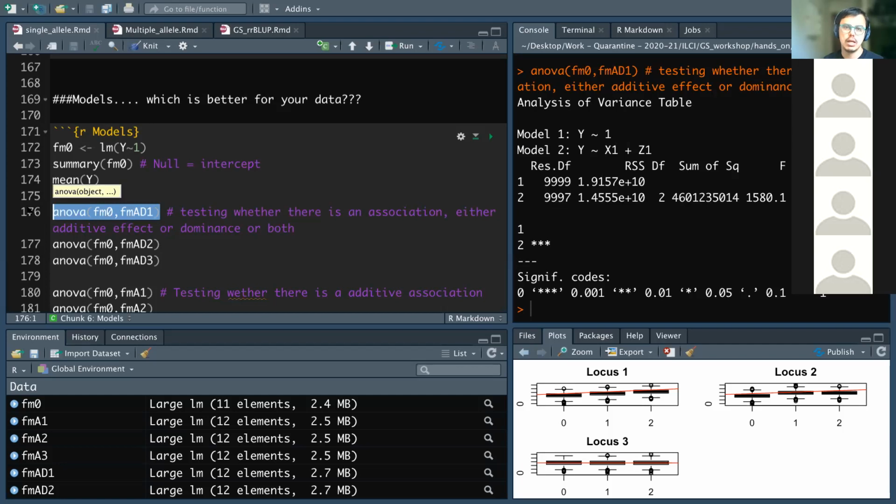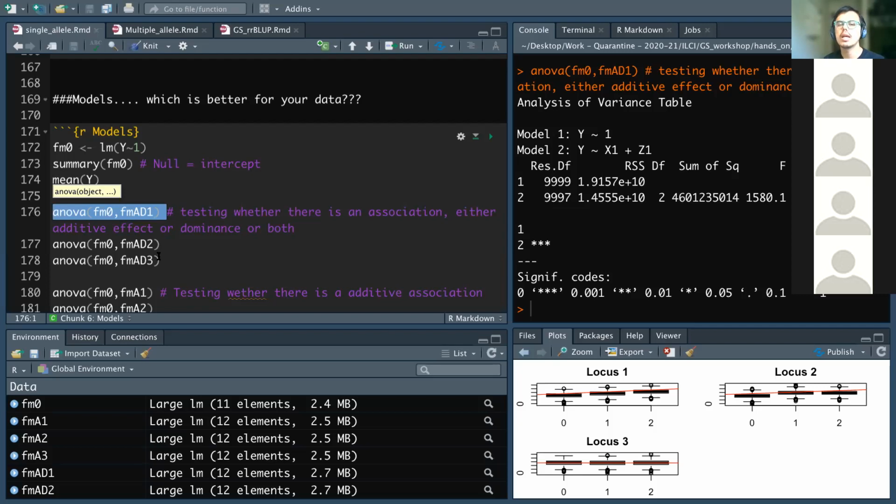There is a difference, and as in this model we have additive and dominant effects, we're just checking if there is any genetic effect. So here we can only conclude that we have a genetic effect in the phenotype. We are not sure whether it's just additive or dominant, but we are sure there is a genetic effect.